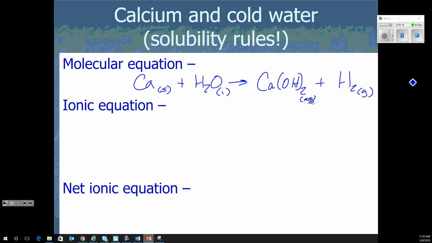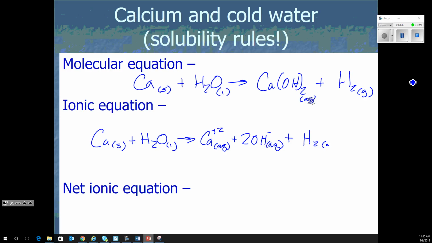The only thing that's AQ for my ionic equation is calcium hydroxide. So writing the ionic equation: calcium solid plus water liquid yields calcium plus 2 AQ plus 2 OH minus AQ plus H2 as a gas.